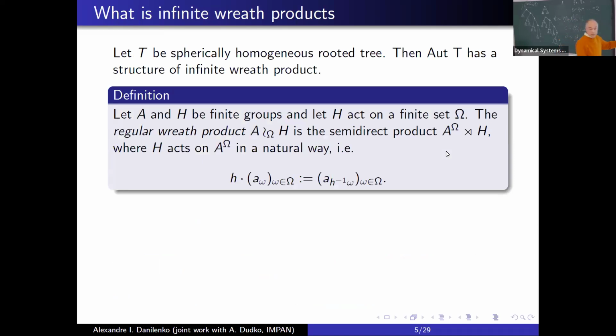First of all, the classical and simplest definition of a wreath product: when two groups A and H are finite, and H acts on a finite set omega, then the regular wreath product is a semi-direct product of A to the power omega across H, where the action of H on A^omega is given by permuting coordinates.